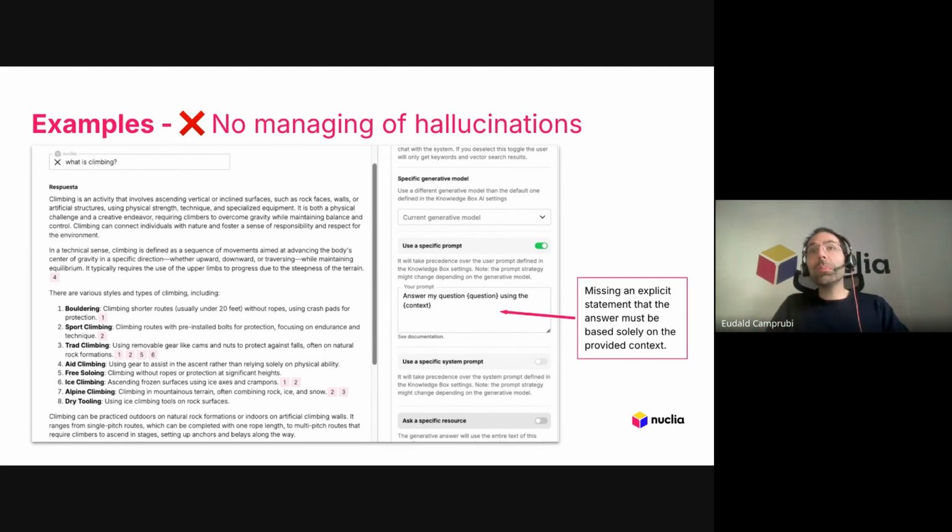So once you define your own prompt, if you want to avoid hallucinations, it is very important to make very clear that the model should only use the information provided in the context, nothing else, not general knowledge from the model.